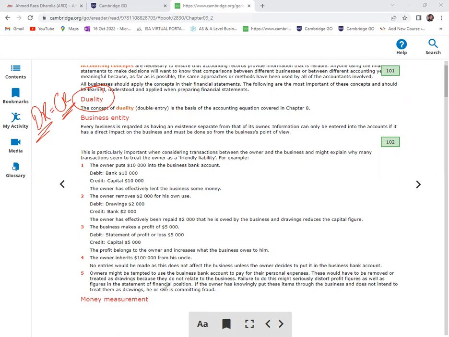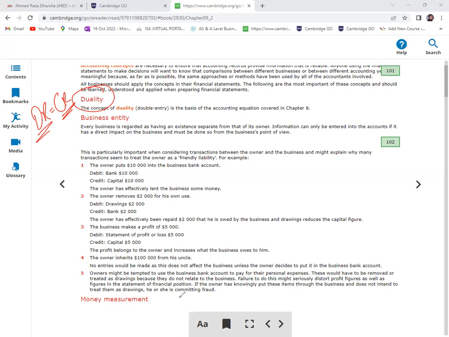The second accounting concept is business entity. Business entity means that the owner is a separate entity from his business. That's why we are keeping a separate account of capital in our books.